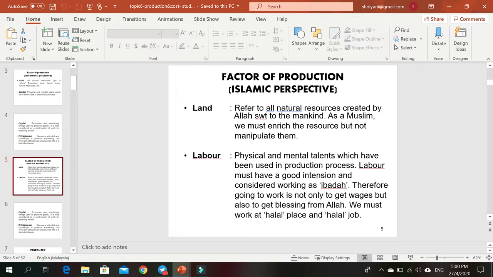Okay, and then in terms of labour pula, physical and mental talent sama je macam conventional, which has been used in production process. Okay, and then dia mention kat situ, labour must have good intention and consider working as ibadah. So kita, kalau kita bekerja, okay, walaupun kita bukan bekerja dekat company kita bekerja makan gaji, tapi bila kita consider working ni as ibadah, kita dapat gaji tu akan jadi darah daging untuk kita sara keluarga kita.